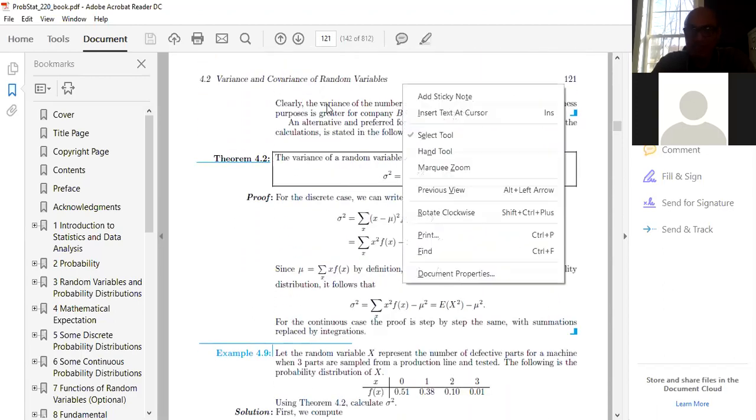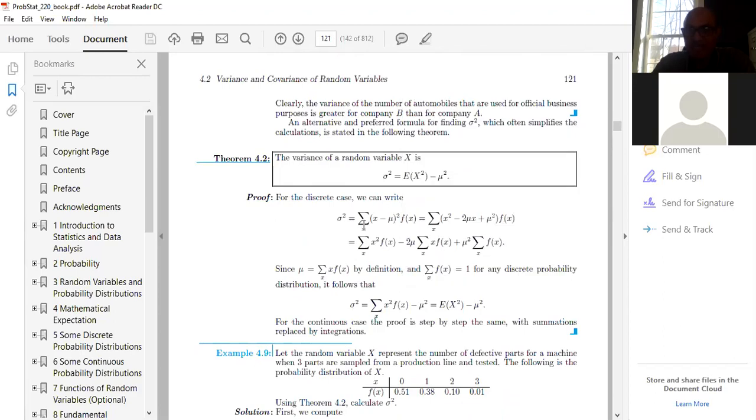My first definition is like this, and if you open the bracket, (a minus b) whole squared, the perfect square, you get x squared minus 2x mu plus mu squared times f(x). Then the sum of x squared f(x), and 2 mu is constant, so you can pull it out of the summation sign, leaving 2 mu times the sum of x f(x), and mu squared again is constant, pull it out, times the summation of f(x). Now you can see x times f(x) gives us nothing but mu, so this is my mu squared.